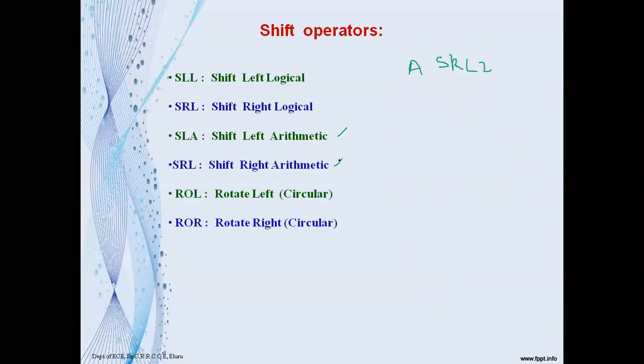So take an example. Let the value of A be, say, 0 1 1 0 1. Now you are shifting the bits right by 2 times.